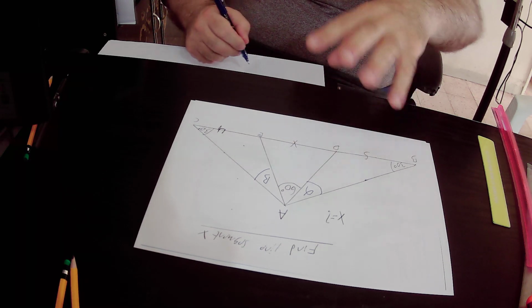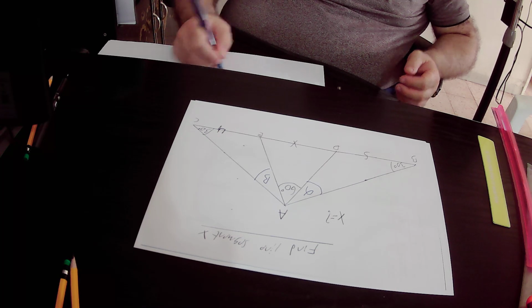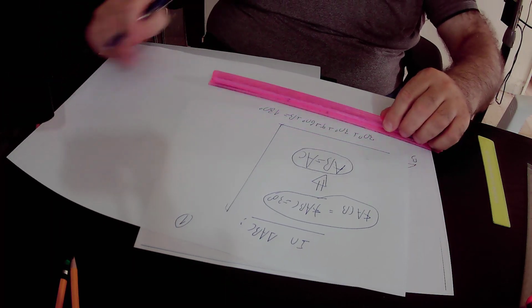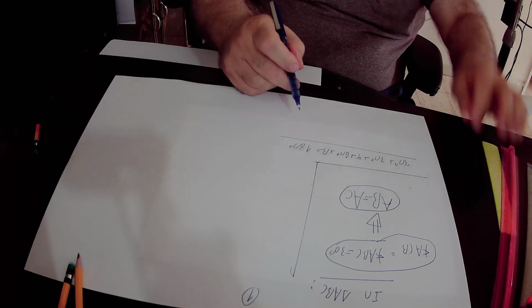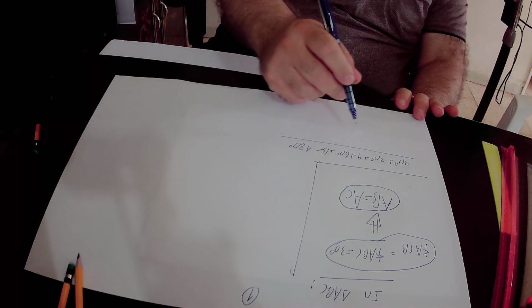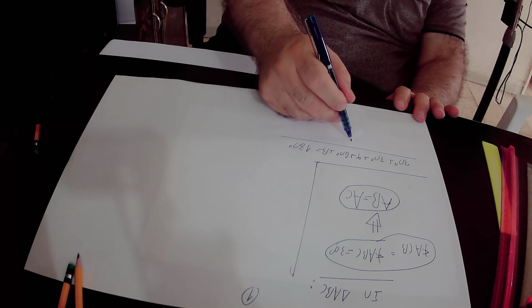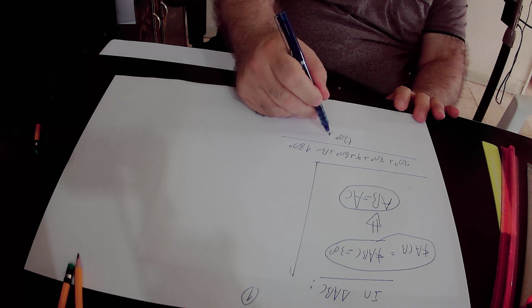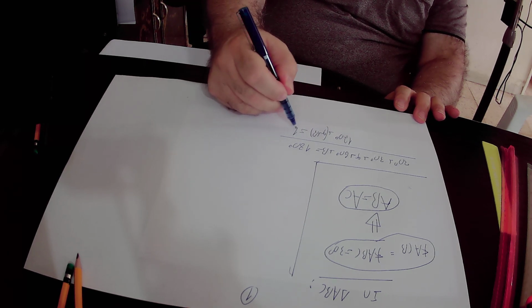So 30 plus 30 is 60, and 60 plus 60 is 120 degrees, plus alpha plus beta equals 180 degrees.